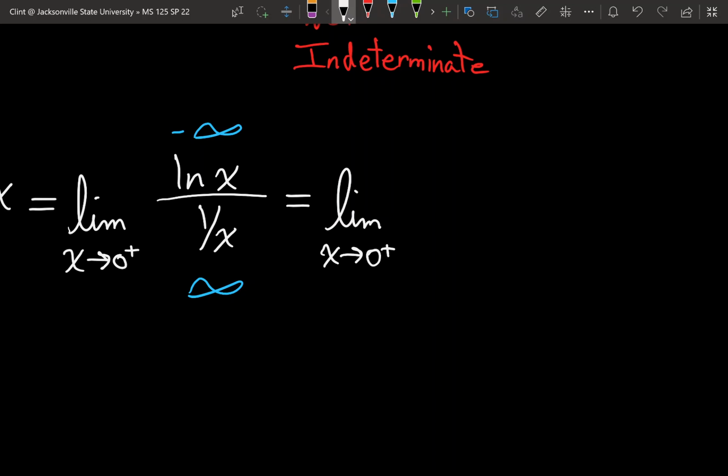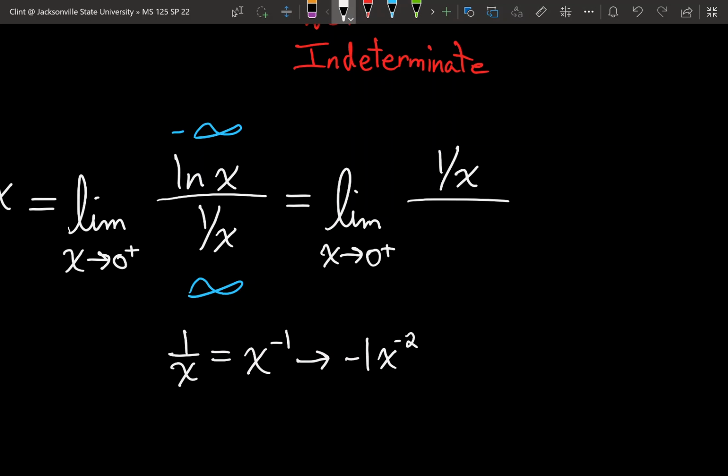So we said the derivative of ln of x is 1 over x. And then what's the derivative of 1 over x? 1 over x is x to the -1. So if we take the derivative, it gives us -1 times x to the -2, that's -1 over x squared.